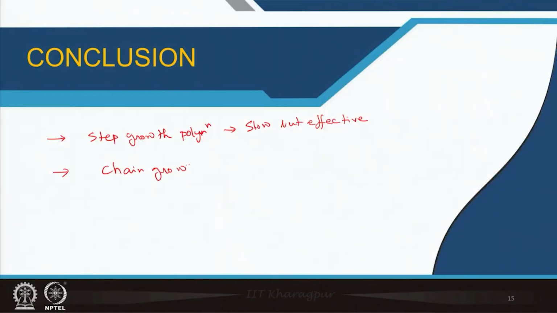Now, for chain growth polymerizations, there are several possibilities. One is radical polymerization, that may be free radical polymerization, FRP. There may be the controlled type, that we will discuss in the next class. There may be anionic polymerization, that also we will discuss in the next class.